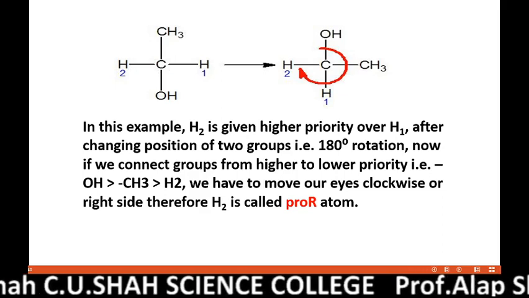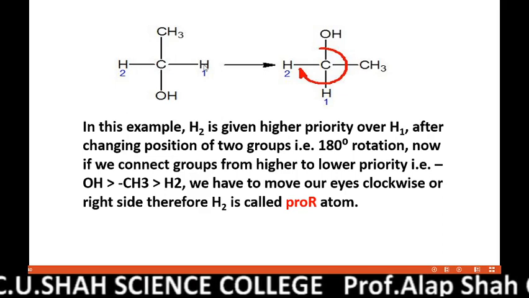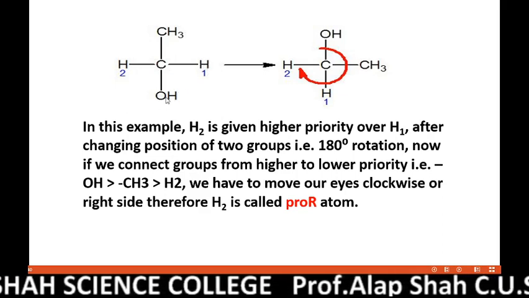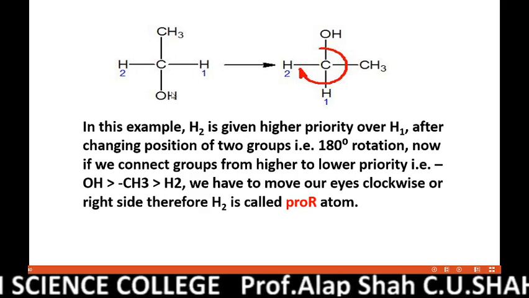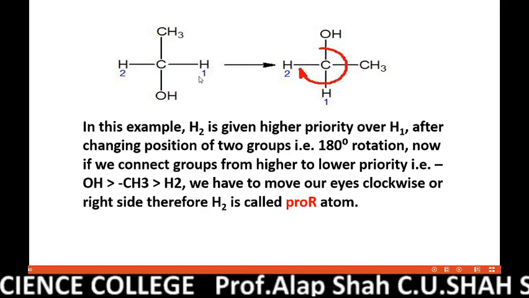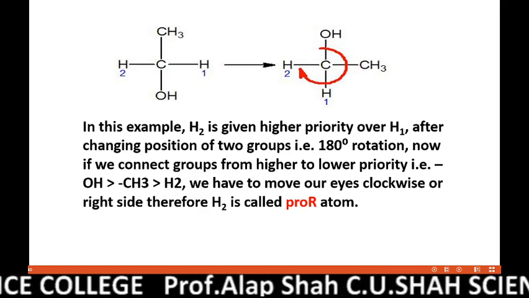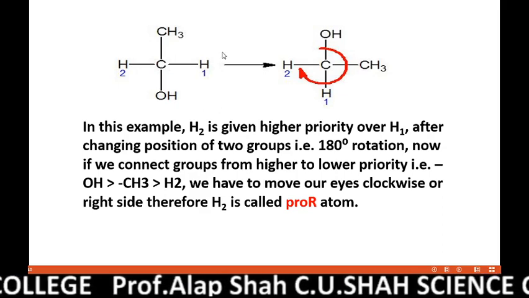Now normally we shift the fourth, which is the least priority group, to this position. So we have to change one pair, OH here and H here. But changing of one pair is prohibited, not allowed, as it changes the configuration. It is also called a 90-degree rotation.